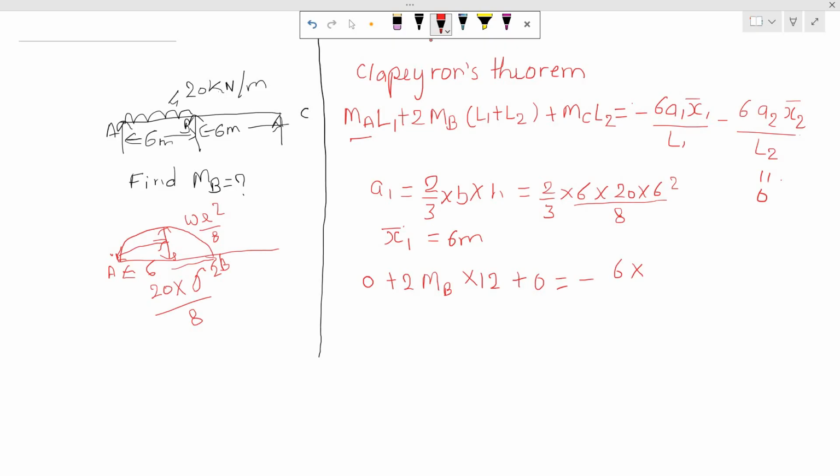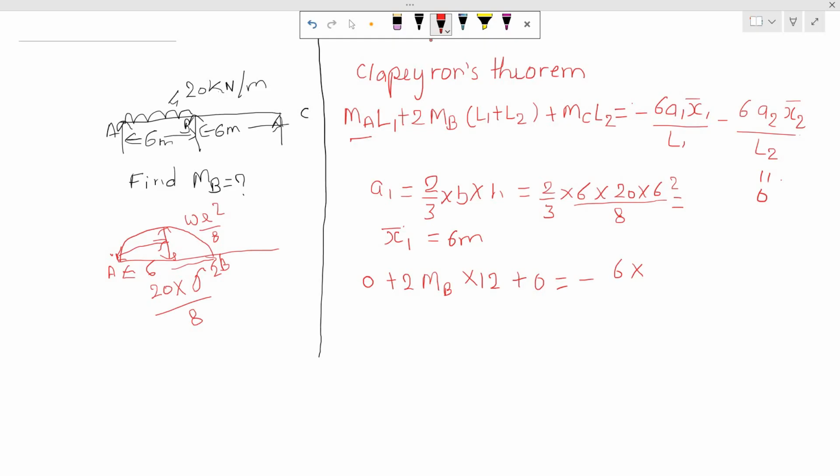into A1. Let's calculate A1 value from calculator. So I am using calculator, which is 2 by 3 into 6 into 20 into 6 square divided by 8. It has a value 360.